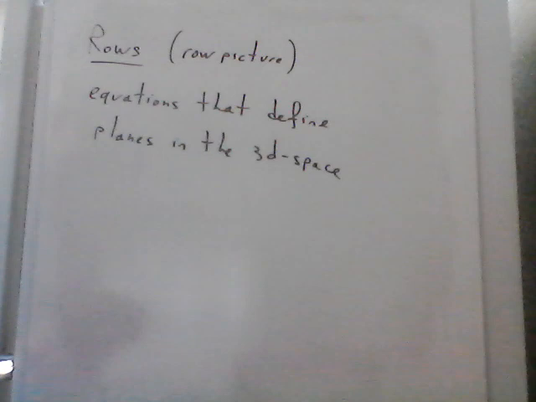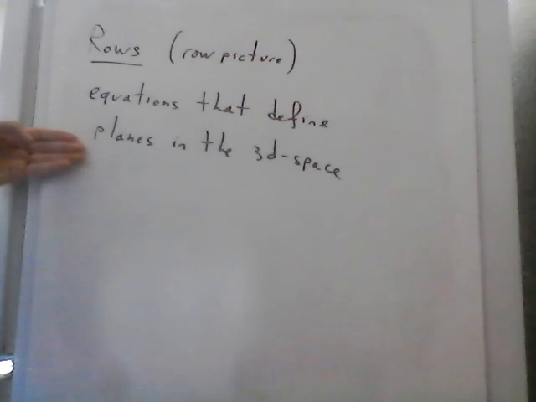Any equation is always going to give you a geometrical object that has 1 dimension less than the number of the variables. So if you have 2 variables, you get a 1-dimensional object, a line. If you have 3 variables, you get a 2-dimensional object, a plane in the 3-dimensional space. And each equation gives you one of those.